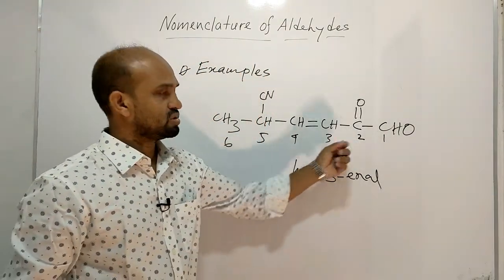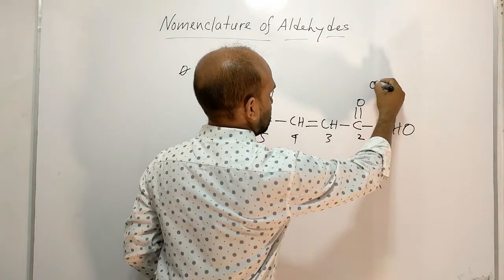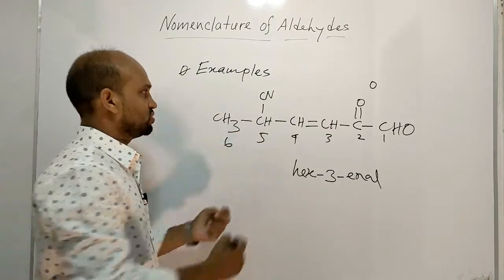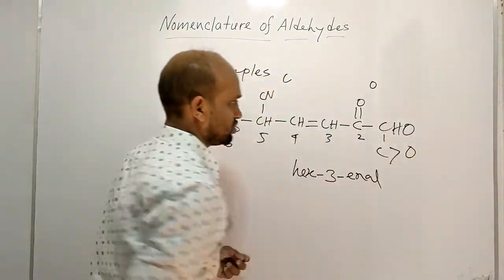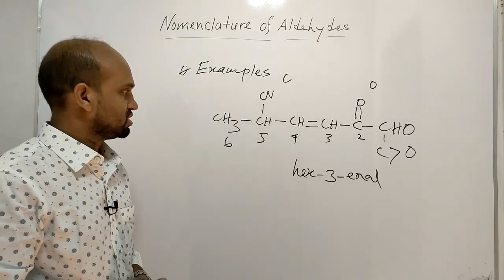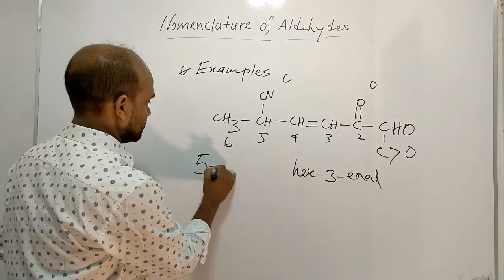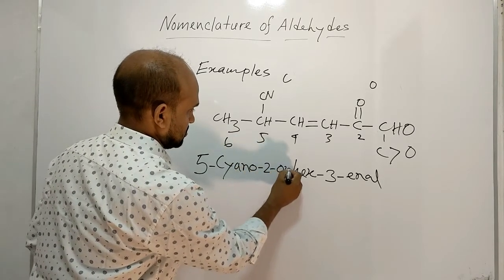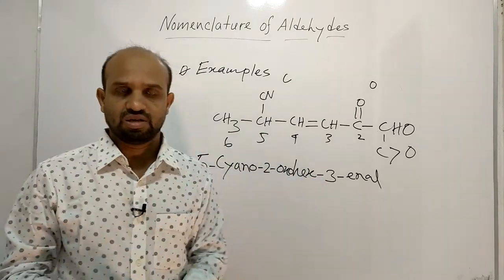And at carbon 2 there is oxygen which starts with O, and at carbon 5 there is another group, that is cyano group, that starts with C. C is prior to O in the alphabetic order, so this group is mentioned first. So 5-cyano-2-oxo. Now let's write 5-cyano-2-oxo hex-3-enal.